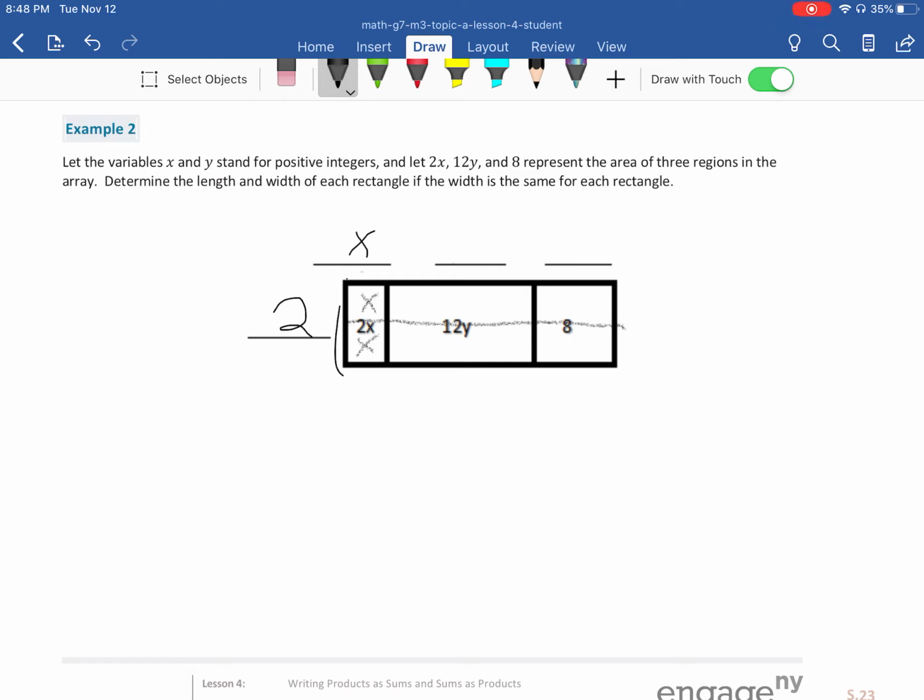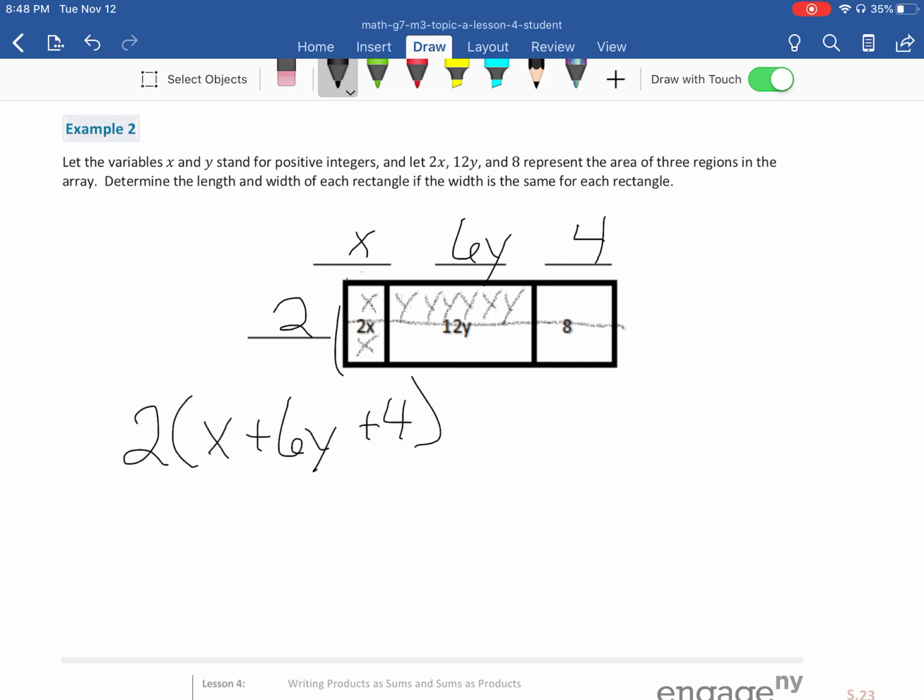And so this I would have to fill in 1, 2, 3, 4, 5, 6 y's wide. 6y, and that would be 4. So my two equivalent expressions would be 2x plus 6y plus 4, or 2x plus 12y plus 8.